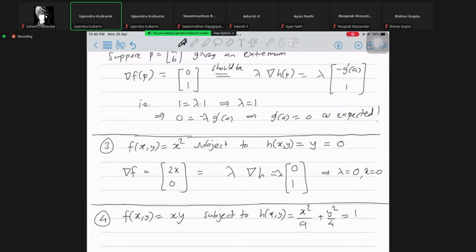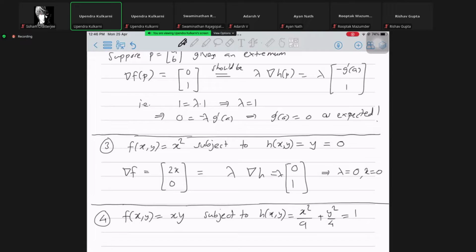You look at this example, and I want you to do this just as practice in applying the recipe. But do you notice one thing? Essentially, this example is no different from example 1. Why? You can sort of rescale your coordinates to make it a circle.